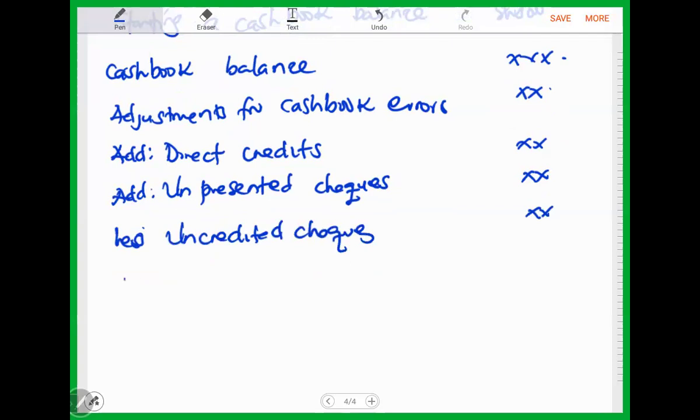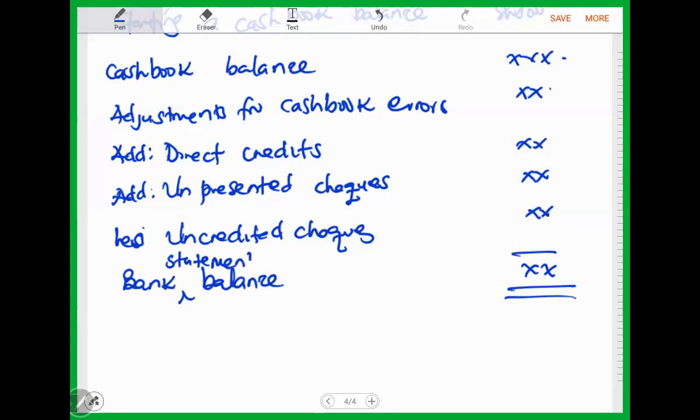Then we shall have the bank balance. So this is the bank statement balance.